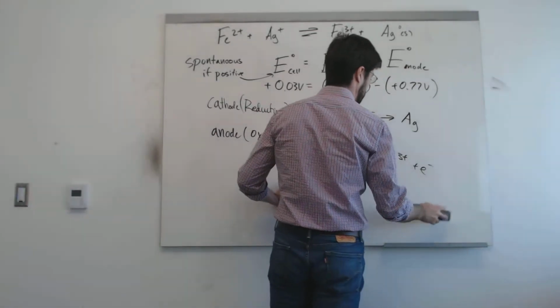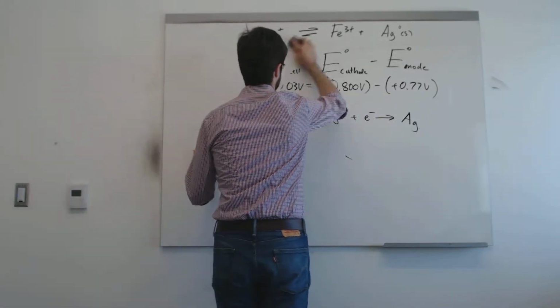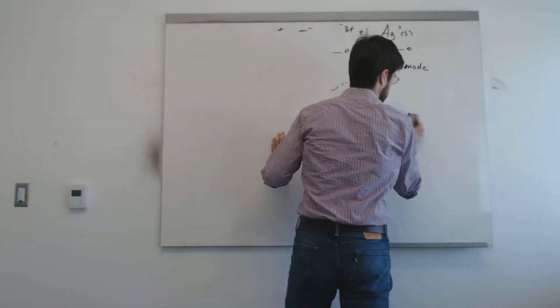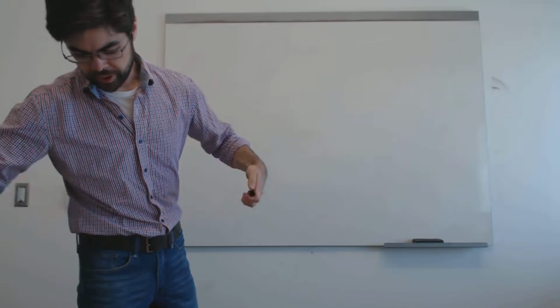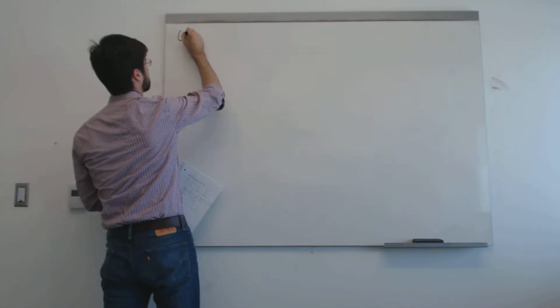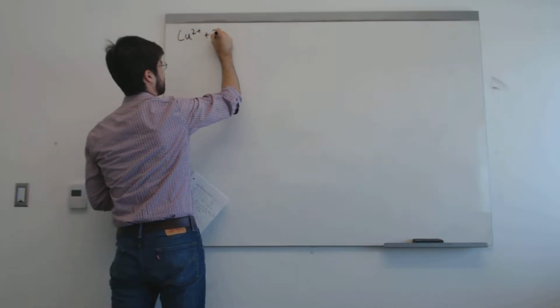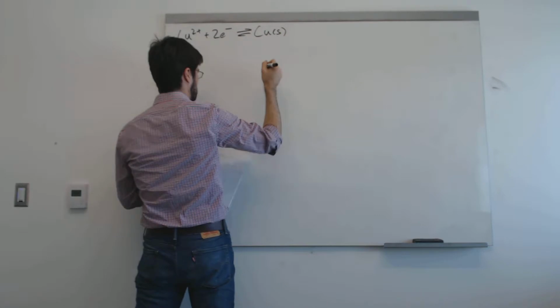Anyway, so let me give you one last series of questions based on this line of argument, or a similar line of argument. Suppose I gave you the following standard reduction potentials, and I want to have these up here. So I might have copper gaining 2 electrons and going to copper solid.